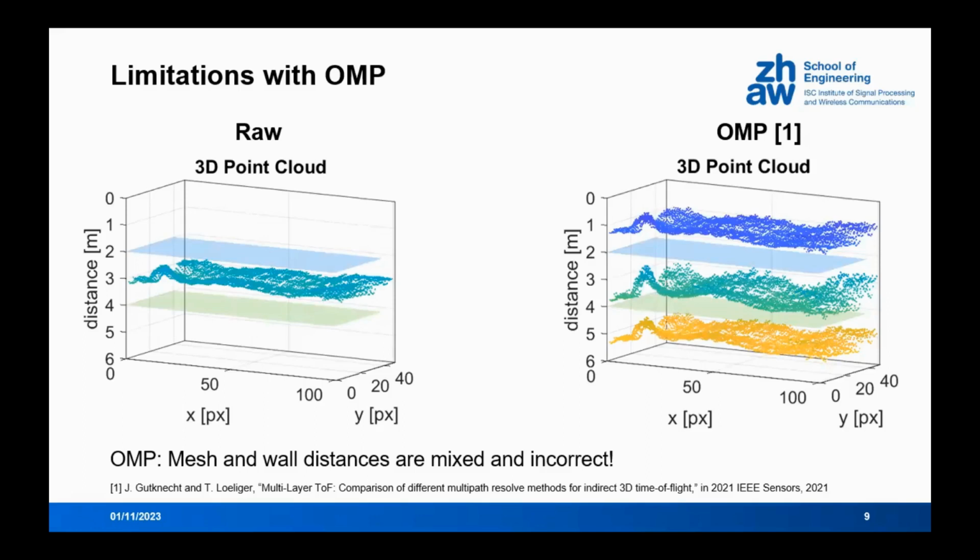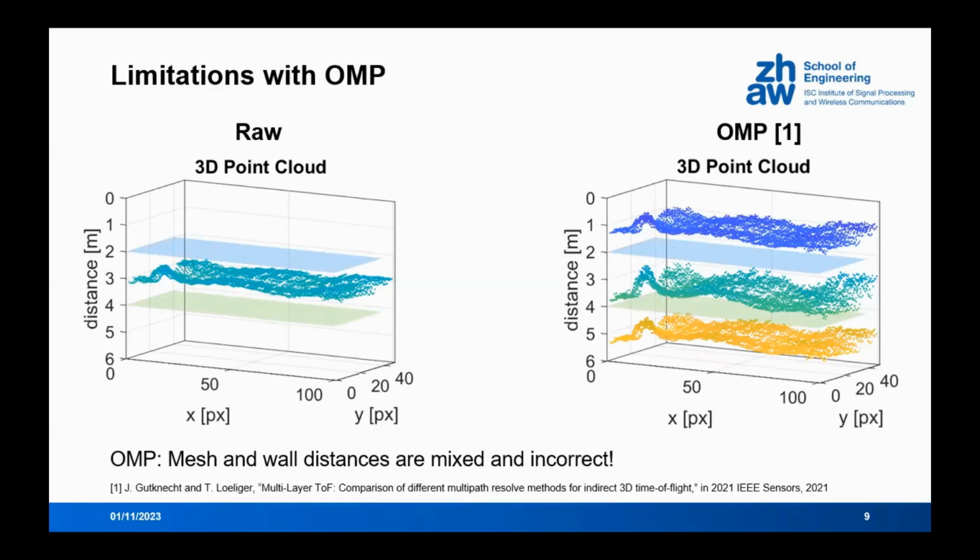What you can see here, we wanted to see a distance at 2 meters and at 4 meters, or if it's not possible to measure both with one frequency, at least we wanted to have, for example, a distance at 2 meters. But instead, we measure some mix of both signals at 3 meters.